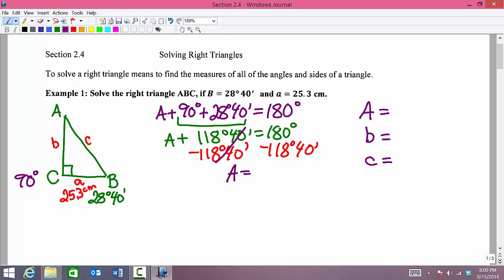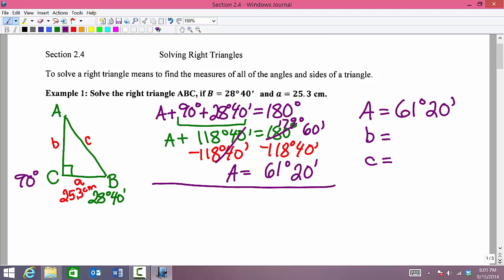So A equals, and we'll have to borrow, so we'll call this 179 degrees and 60 minutes. And that leaves us with 20 minutes and 61 degrees. So 61 degrees and 20 minutes would be the measure of angle A.